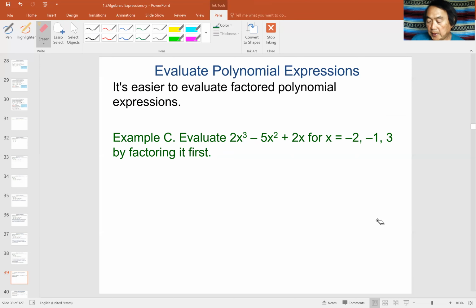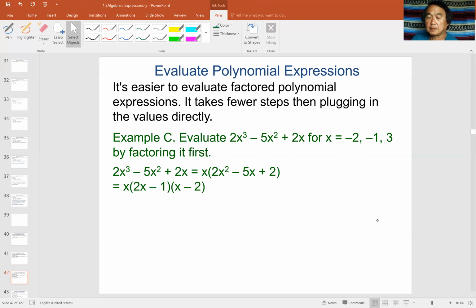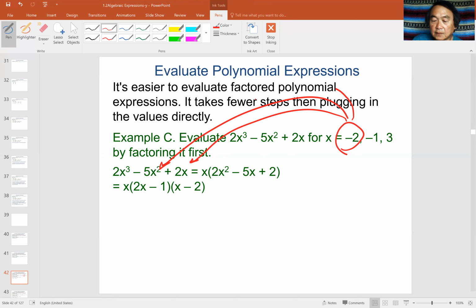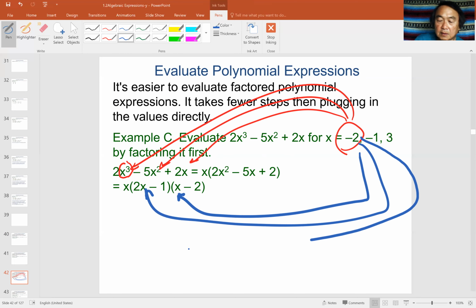The easier way to do it is actually to factor first. Instead of putting -2 into the x places in these formulas, where you have to multiply -2 by itself 3 times, it's a lot more convenient to put the -2 into the factored form.